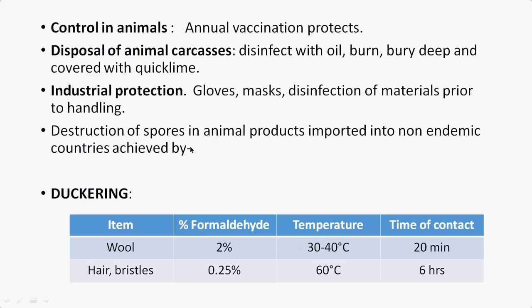This destruction of spores is known as duckering. If it is wool, formaldehyde is used for destruction of the spores, but the concentration changes depending on the item. For wool, 2%, temperature 30 to 40 degrees Celsius, and contact time 20 minutes. This way the spores are destroyed in such animal products, and then the product can be exported to non-endemic countries.